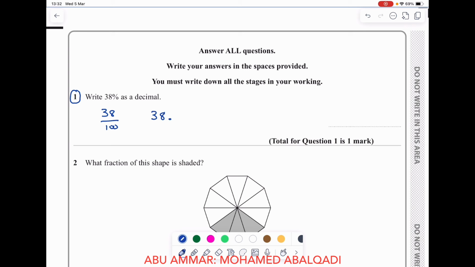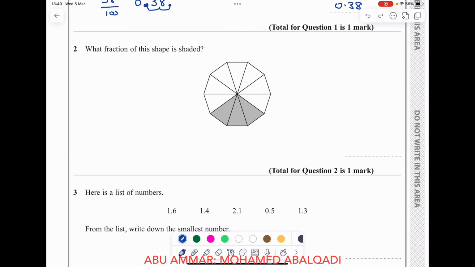When we are dividing by 100, there are two zeros in 100, so we move the decimal place towards the left two places. So 1, 2. Our new decimal place will be here, and then we put a 0 here, and our answer will be 0.38.